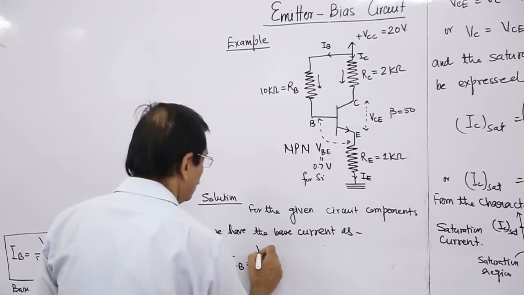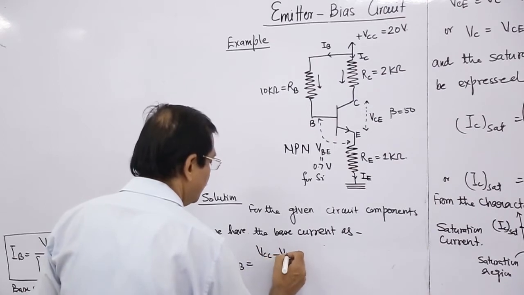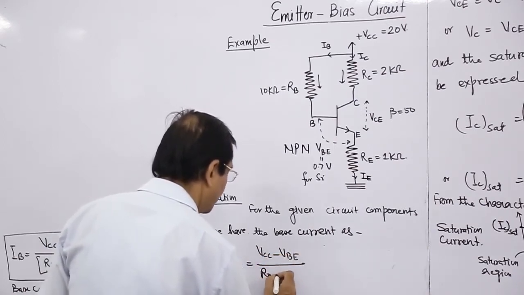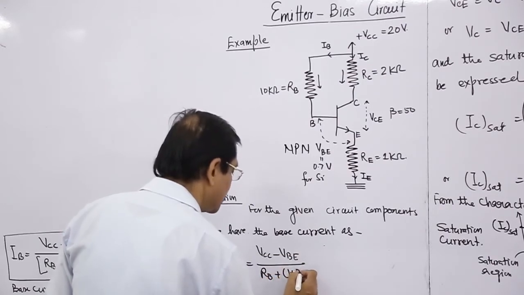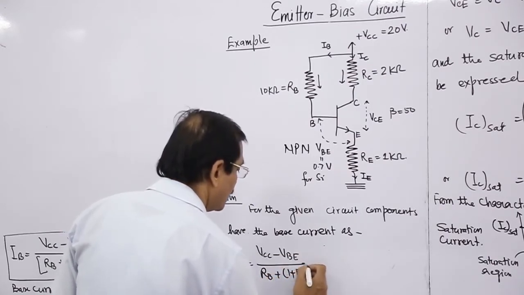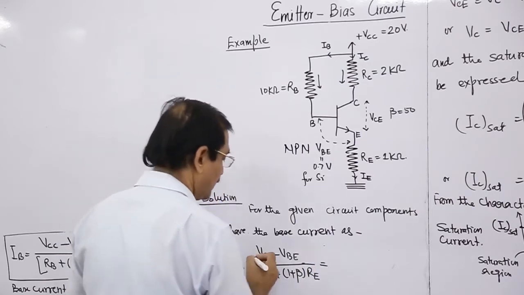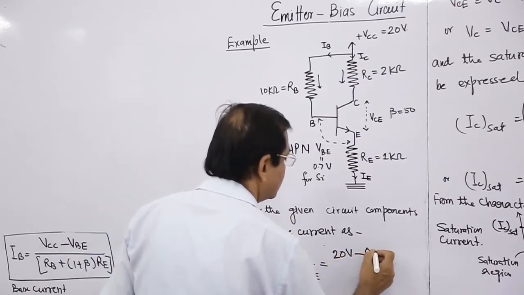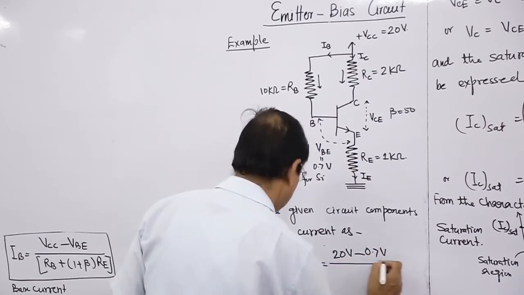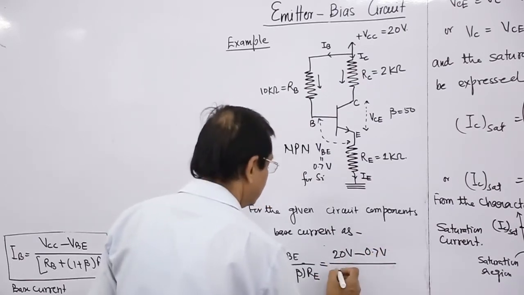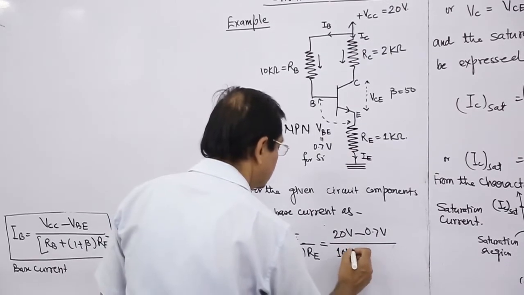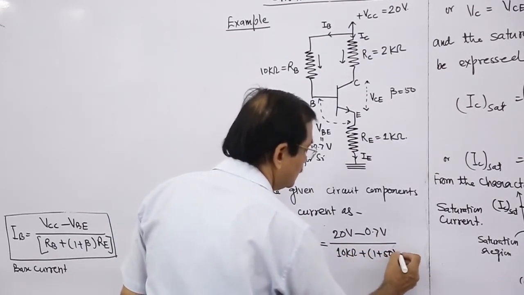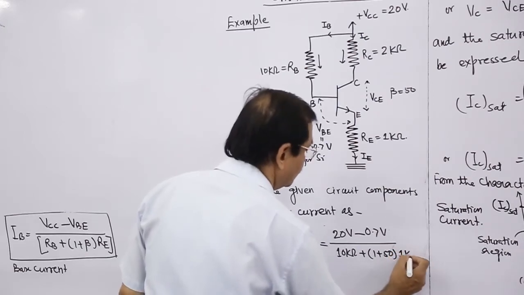IB is equal to VCC minus VBE upon RB plus 1 plus beta RE. So, this value is VCC 20 volt minus 0.7 volt upon RB is 10 kilo ohm plus 1 plus 50 into 1 kilo ohm.